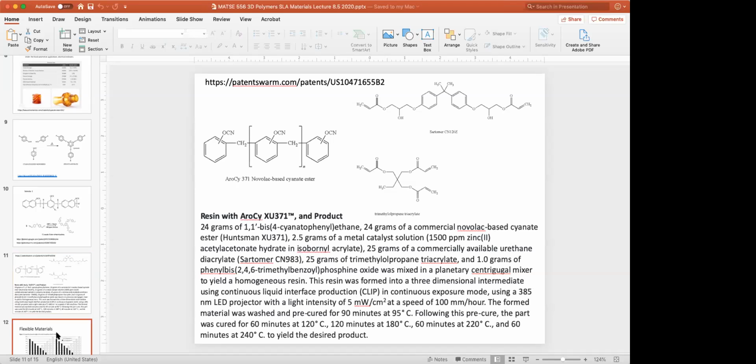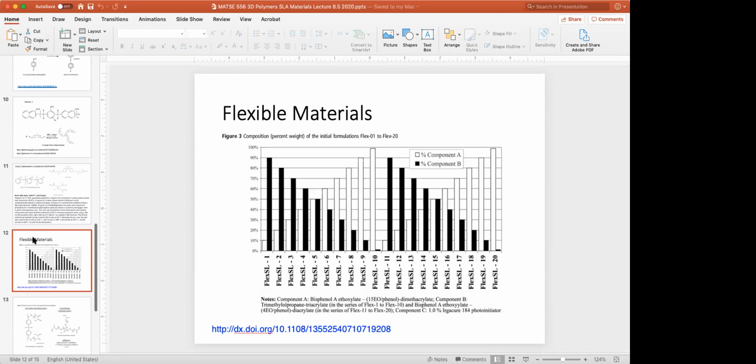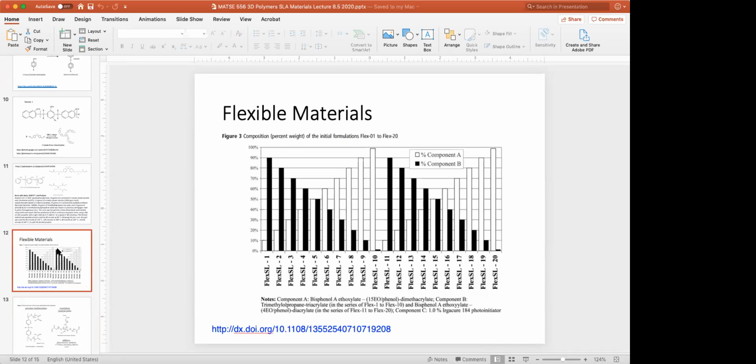The last slide that we'll talk about is flex materials. And what's cool in this paper, and this is where we'll pick up next time, is that by changing the ratio of this polyether methacrylate and this cross-linking methacrylate, you can get flexible materials of all different moduli.